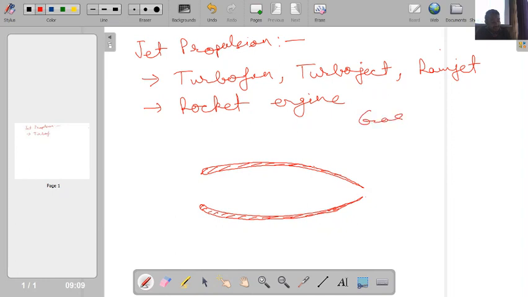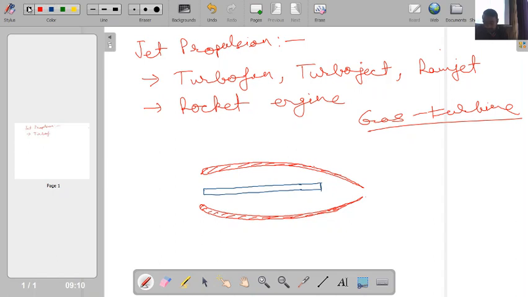Have you heard of the term gas turbine? What is a gas turbine? Please tell me. Have you heard of Brayton cycle? Okay, so what does the Brayton cycle constitute of?